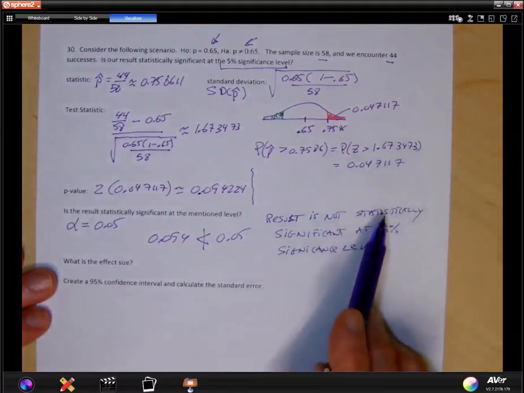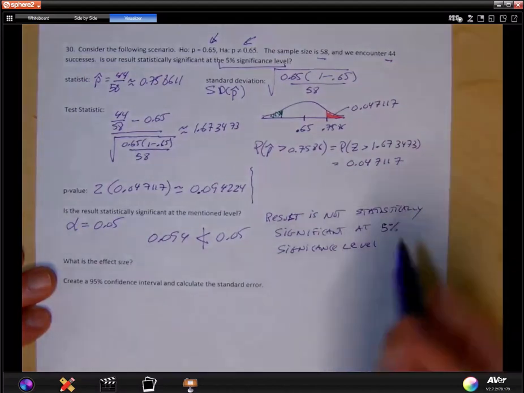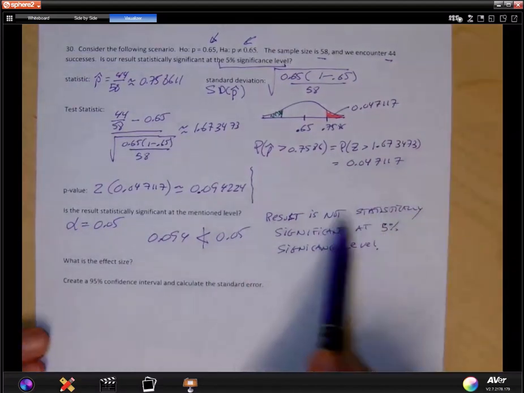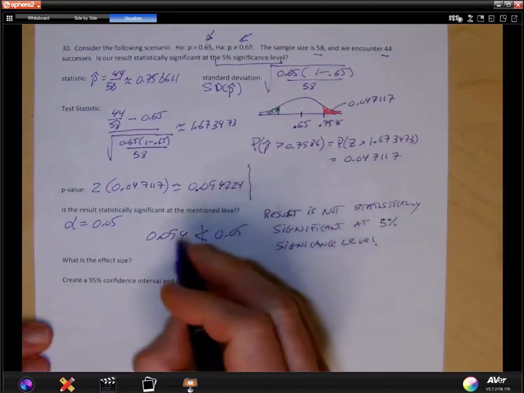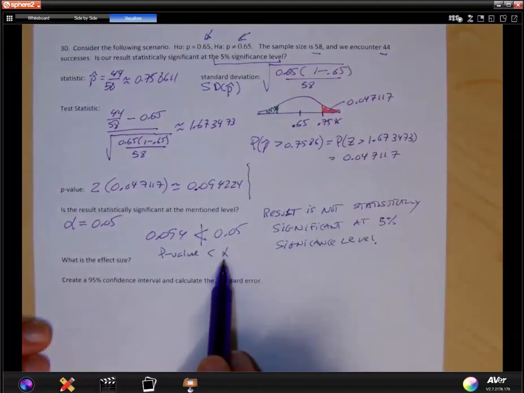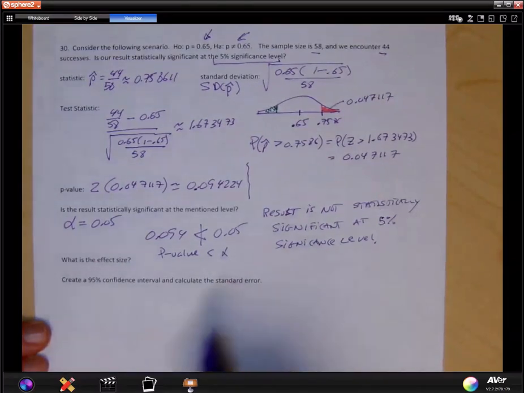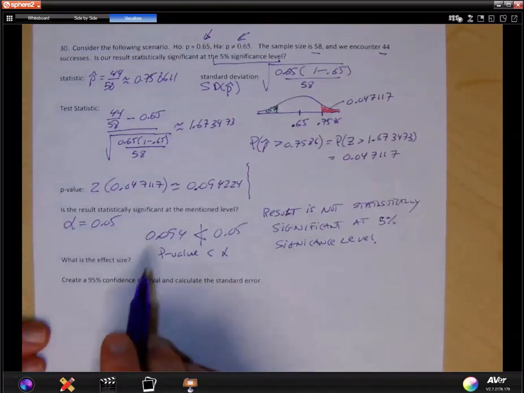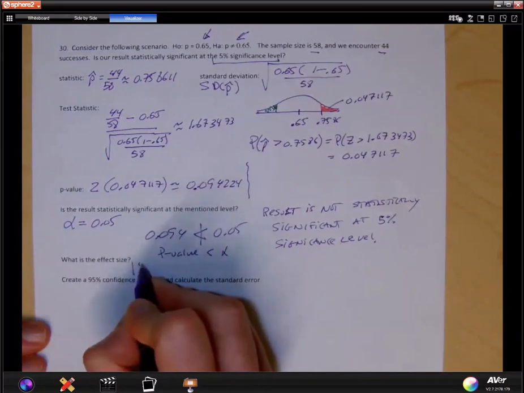There's two parts: statistically significant and significance level. Statistically significant is about, is this true or not? Significance level is, well, what is that value? Okay. What was the effect size? Here, 44 out of 58.